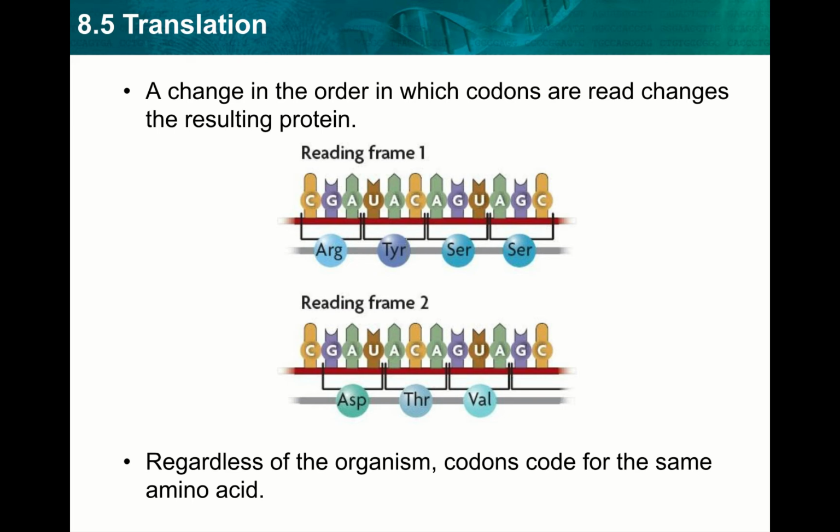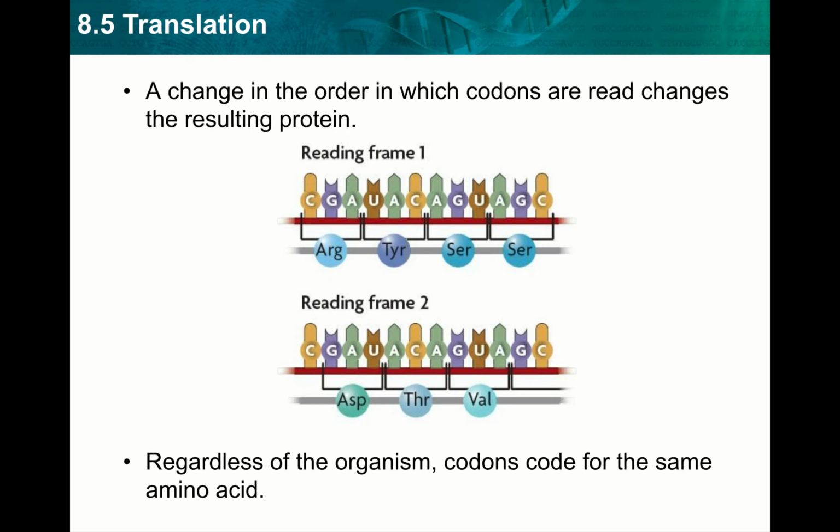A change in the order in which codons are read is going to change the resulting protein. You can see in the picture, the reading frame 1, CGA codes for the amino acid arginine. And if you were to move that reading frame in reading frame 2, you would get ASP, which is aspartic acid.